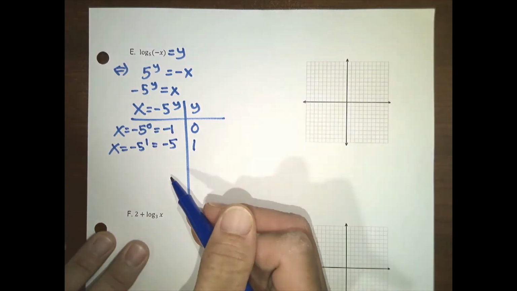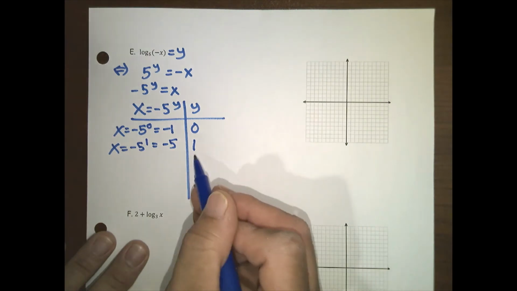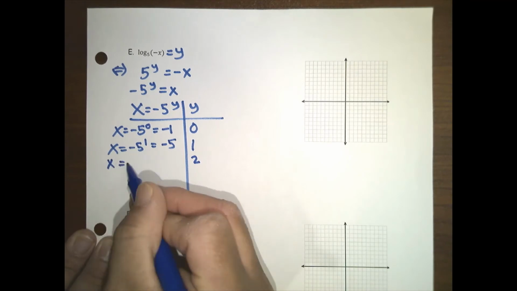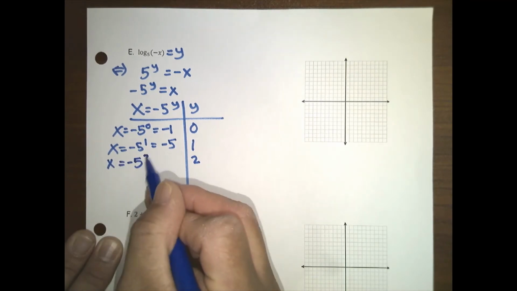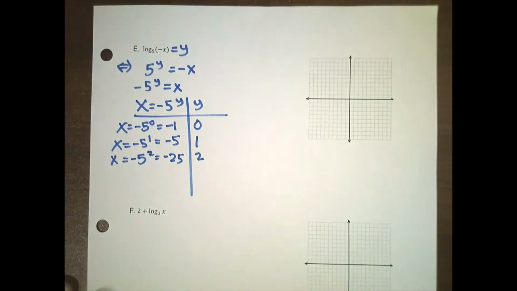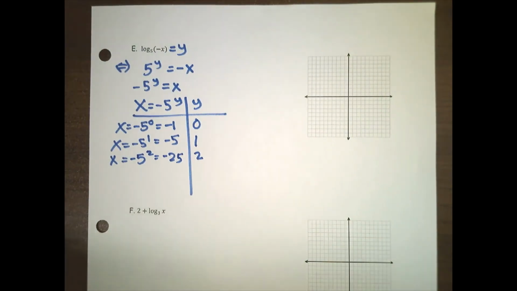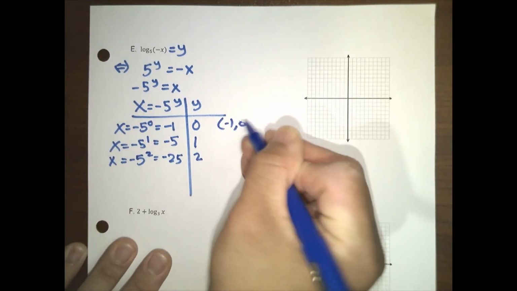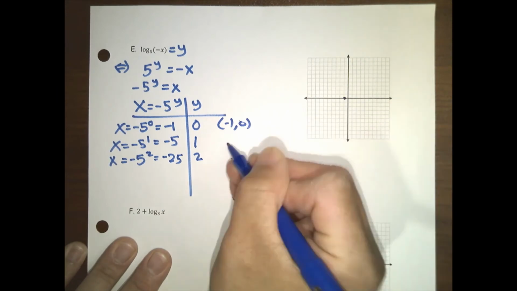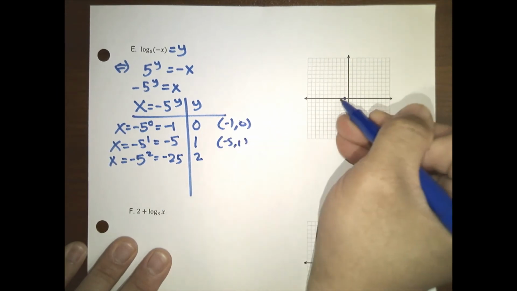And then if y is even 2, you have x is negative 5 to the second power, so negative 25. And you can see that this gets extreme pretty quickly. So there is a point at negative 1, 0, and at negative 5, 1.